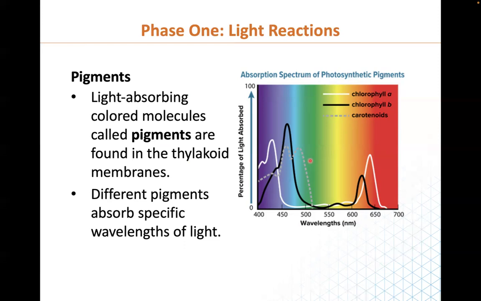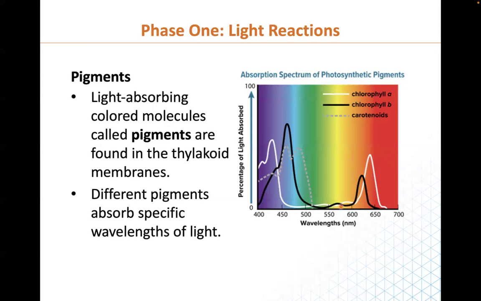Now I want you to take a look at this diagram very quickly. You will see the percentage of light being absorbed, out of 100 from 0. We have three pigments here: chlorophyll A, chlorophyll B, and carotenoids. Chlorophyll A would absorb the purple light, then it drops drastically at wavelength 450 and would not absorb much of the light green and the green light.